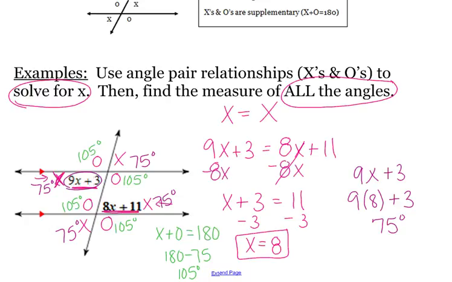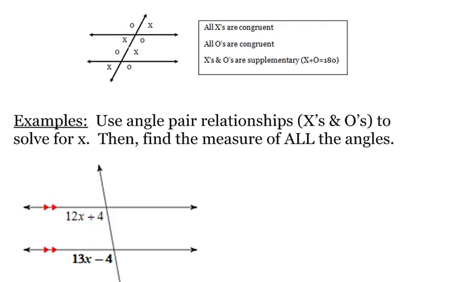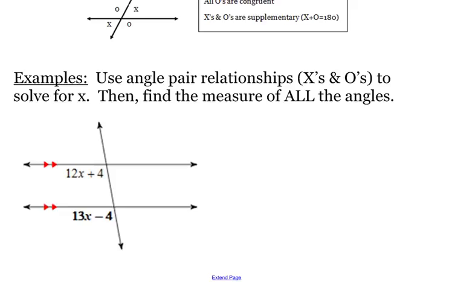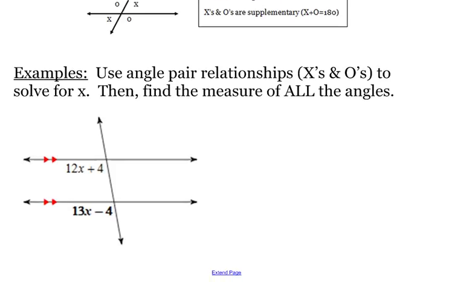So again, label your x's and o's, find out what you have, set up your equation and solve. Let's do another example. Again, always going back to our x's and o's. Make sure we use that to solve for x and find the measures of all the angles.